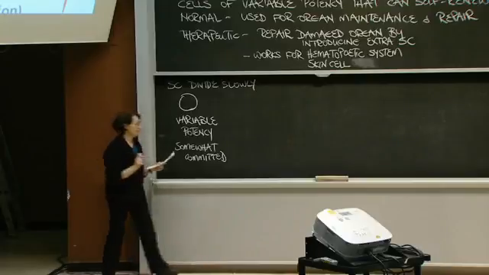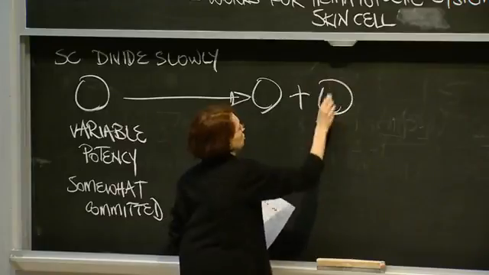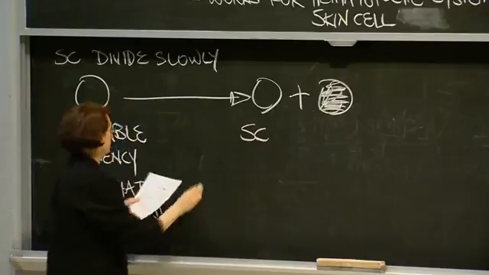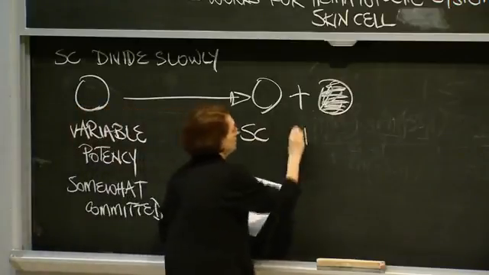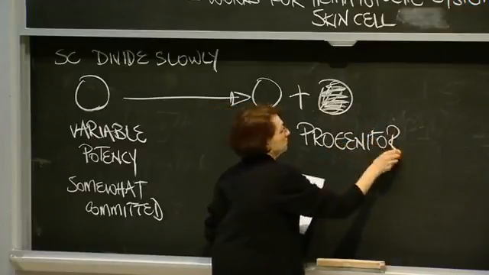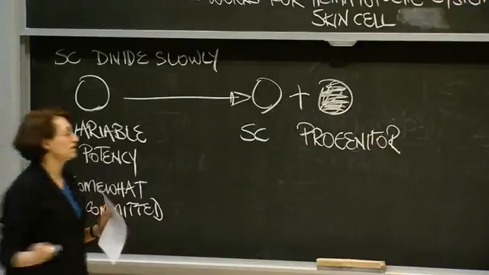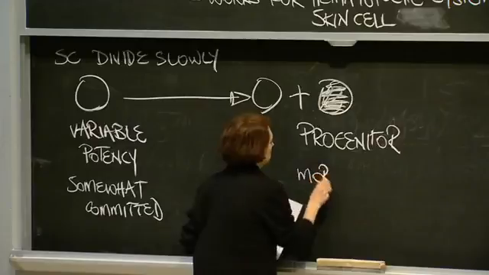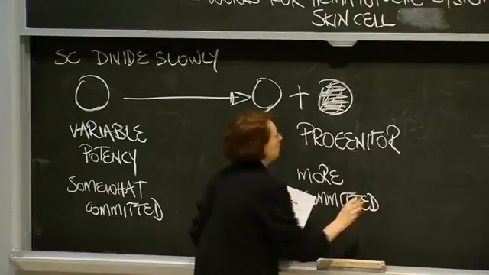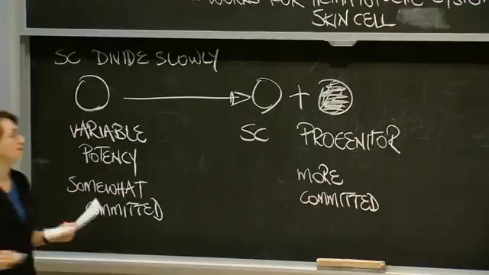Under the correct stimulus, that stem cell will divide to give rise to two different cells. One is another stem cell, and the other is something we'll call a progenitor. The progenitor is more committed than the stem cell. The progenitor cell is going to go on and divide, usually a lot.